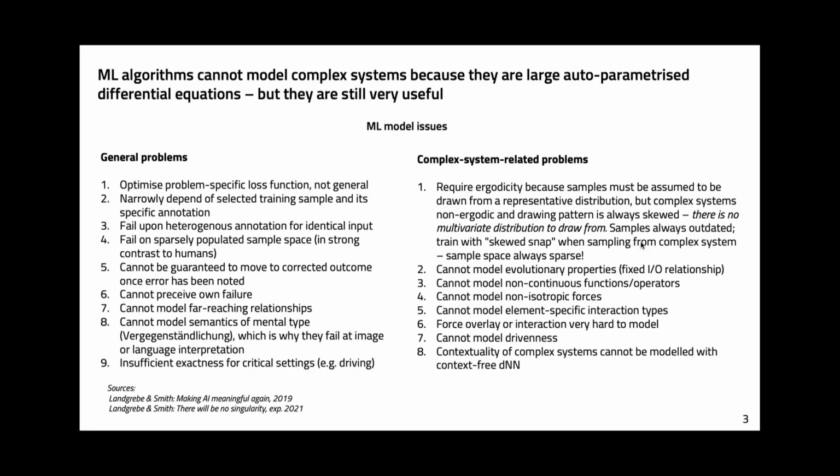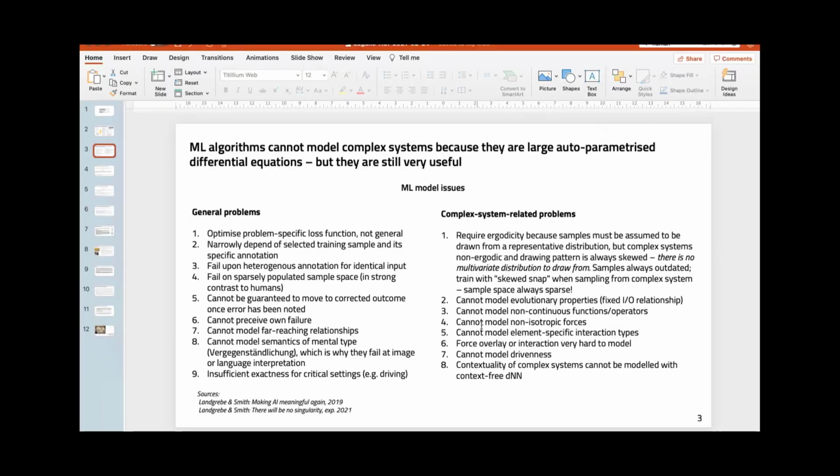So you have a discrepancy between the context-freeness of the machine learning model and the contextuality of the complex system. So this, in very short words, I don't know how long I spoke, maybe 15 minutes, is the problem with complex systems modeling in machine learning.